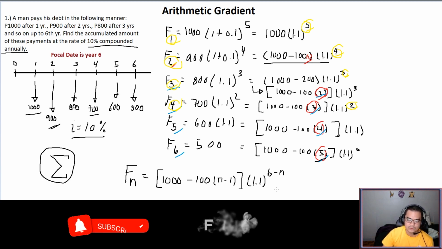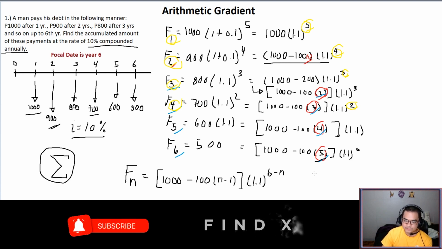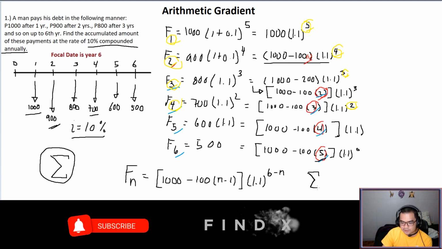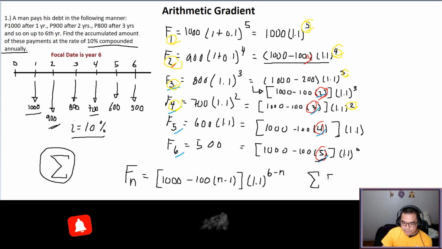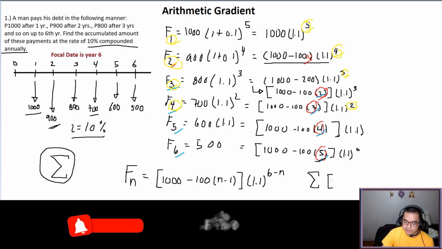Now, how will we use the summation part? Using the summation part, all you have to do is input this in your calculator. So that is the summation sign, and input this formula, that is 1000 minus, I think it's better when you use this in your calculator, there will be an initial parenthesis.